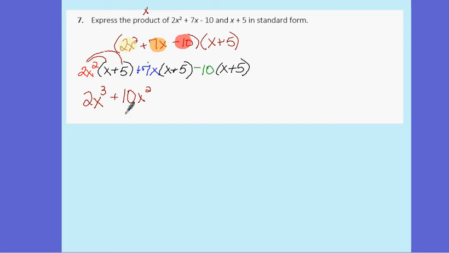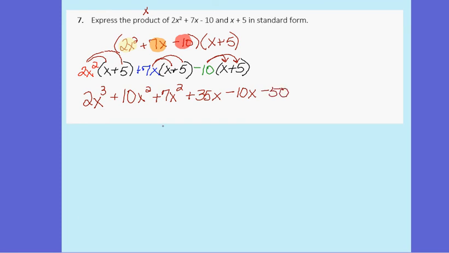I now have to distribute my 7x. 7x times x will stay 7, but become x squared. 7x times 5 is positive 35x. I now have negative 10 times x, negative 10x. Negative 10 times 5 is negative 50.